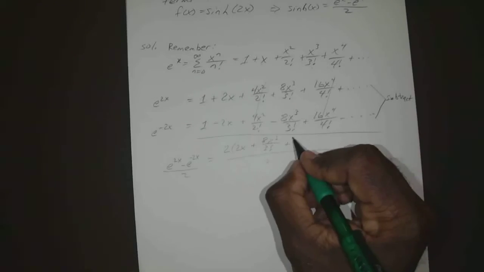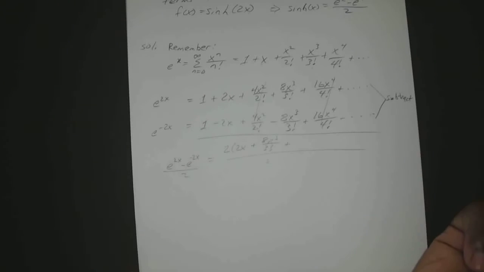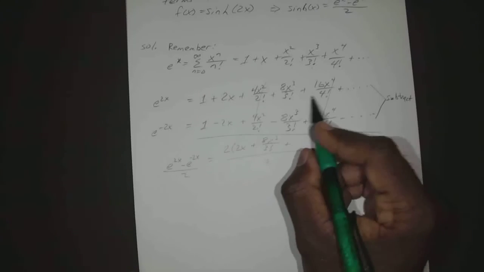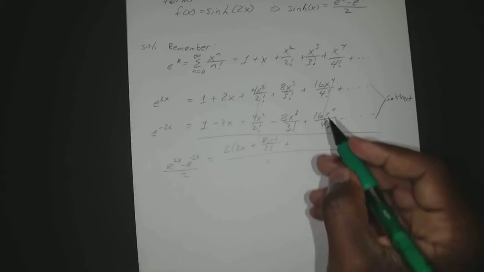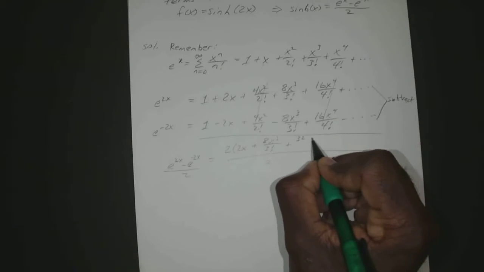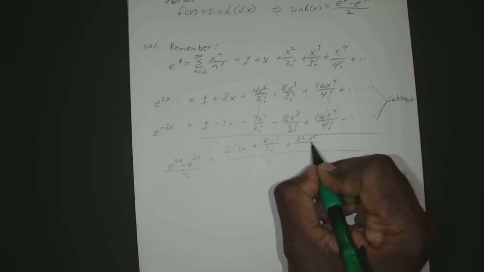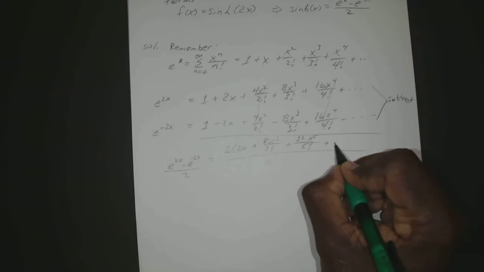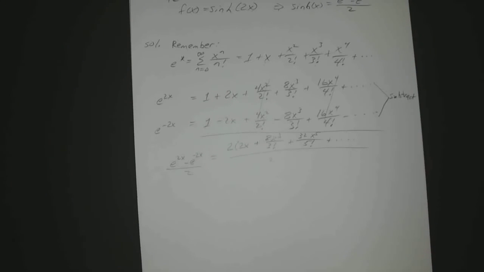Plus, then we have to the 5th power, that would be 2 times 32, over 5 factorial, and it keeps on going and going and going. Divided by 2. Where those 2's will cancel out.